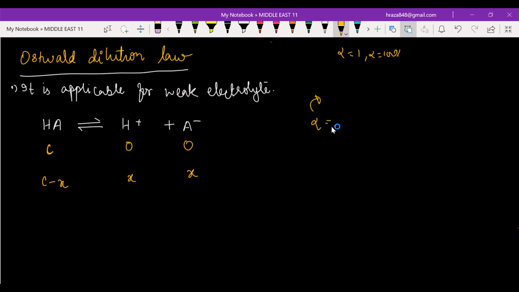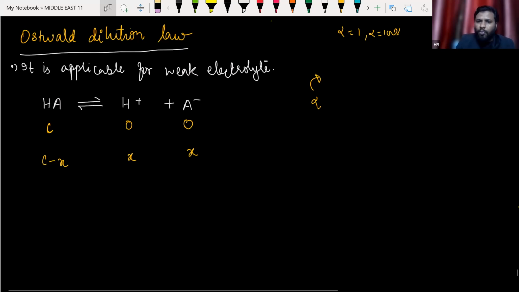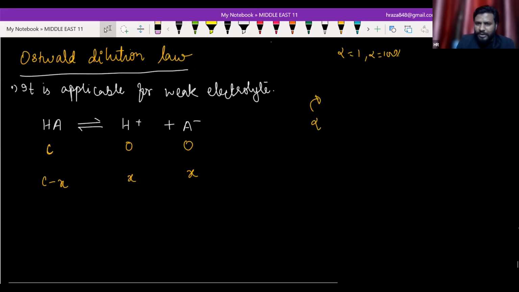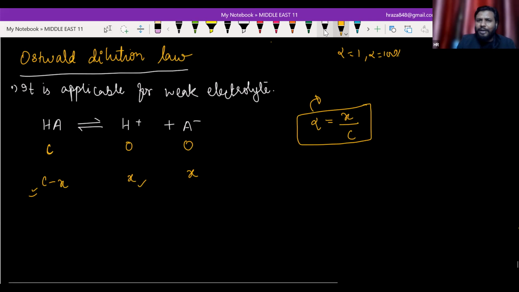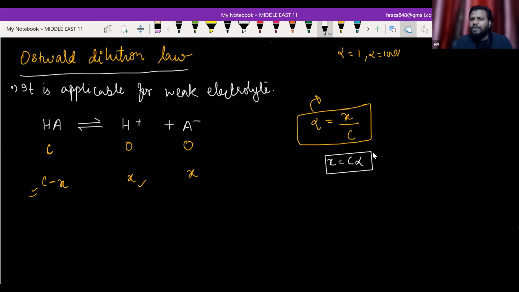So alpha has a formula: alpha equals moles converted, that is X, upon initial moles. Initially, its moles is C. So we can easily find the value of X: X is equal to C alpha.